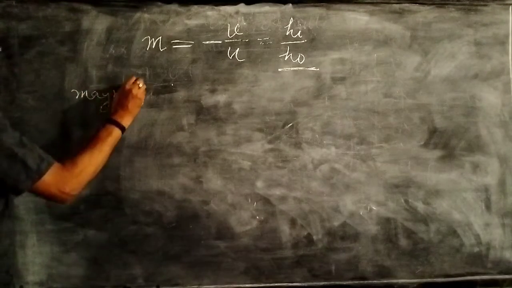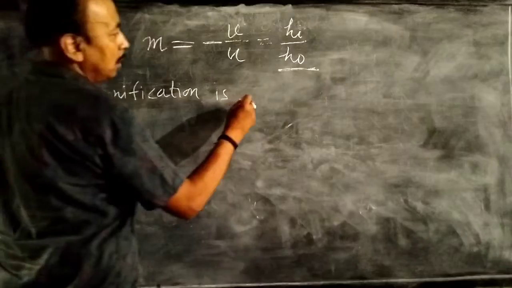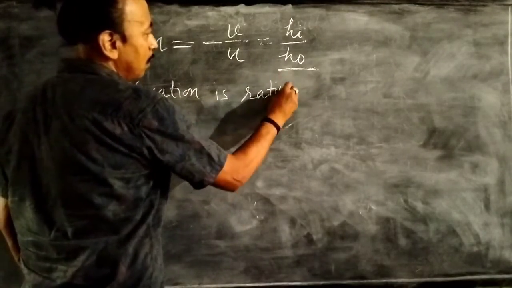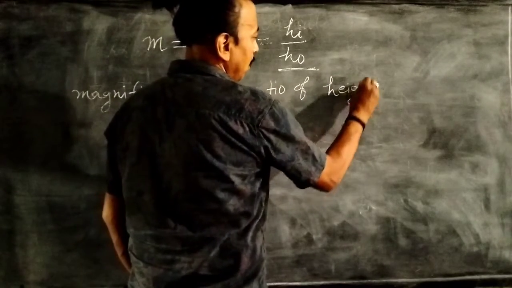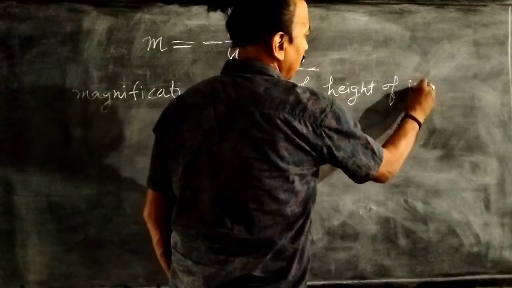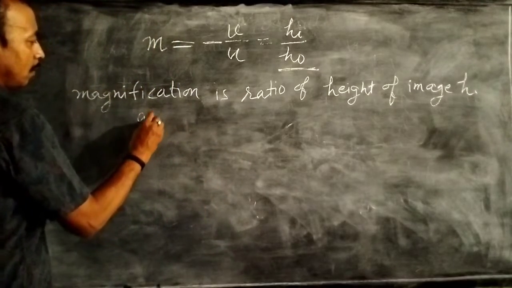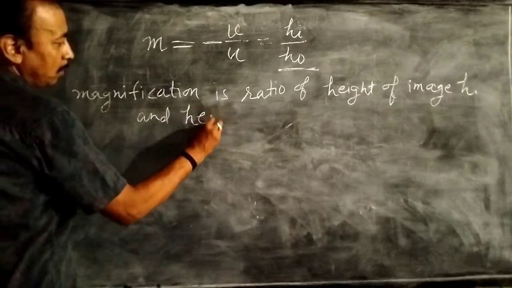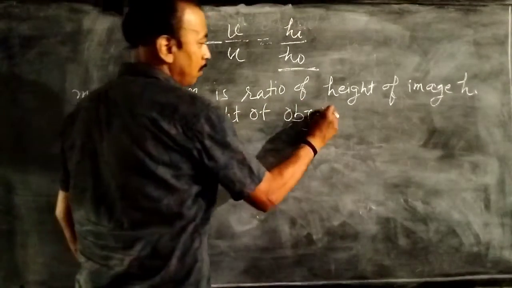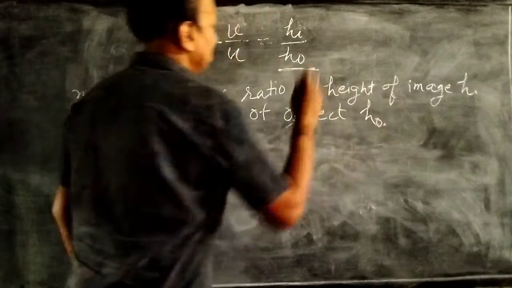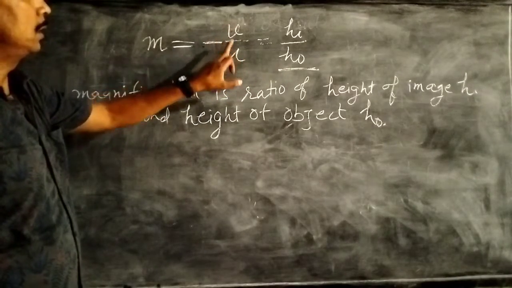Magnification is the ratio of height of image HI and height of object HO. And it is equal to minus V by U, minus image distance by object distance.